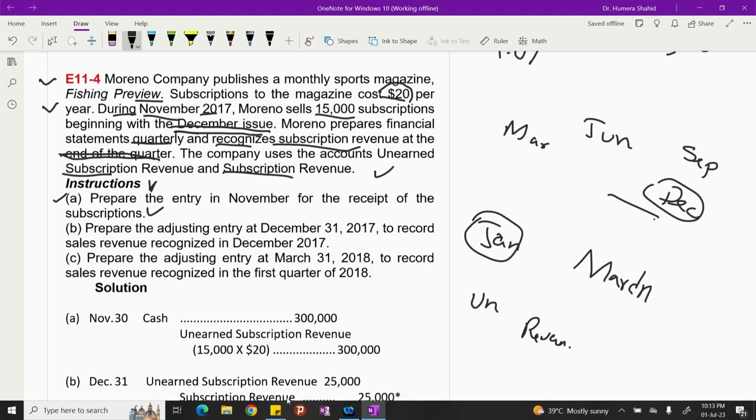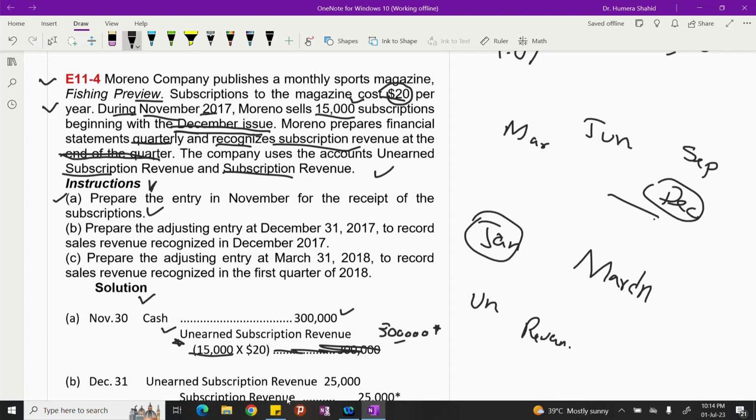How much money? $20 for each subscription. So 15,000 subscriptions are sold. So cash gets debit in November, 300,000, and unearned subscription revenue gets credit with 300,000. Because of the calculation it moved down, so you can also show the calculation as a footnote like a star. It's up to you.